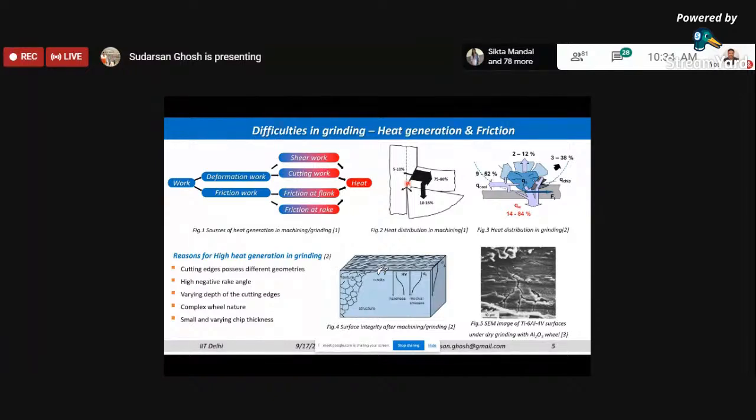So now the whole thing is that if, in the metalworking fluids itself, we can incorporate both the heat carrying away capacity as well as the lubrication capacity, then that will be very beneficial.